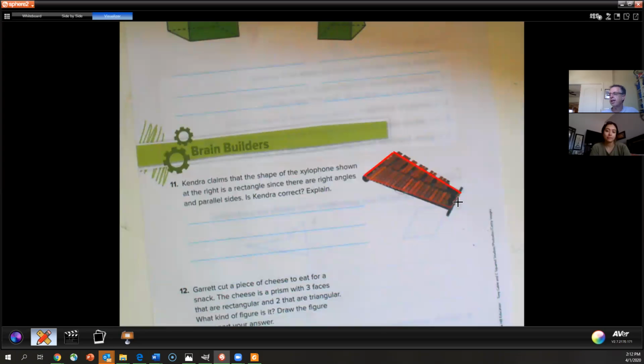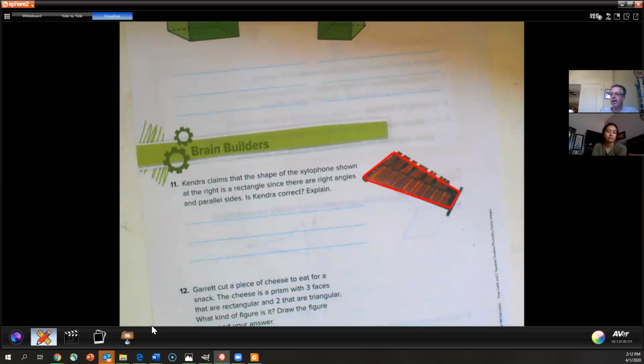And this will help you to get an idea of what Kendra is looking at a little bit easier here. Now, Kendra thinks that's a rectangle. Is she correct? Well, make sure you say, I know because. So make sure you add that in at the very end of your answer sentence. I know because, we want you to explain.